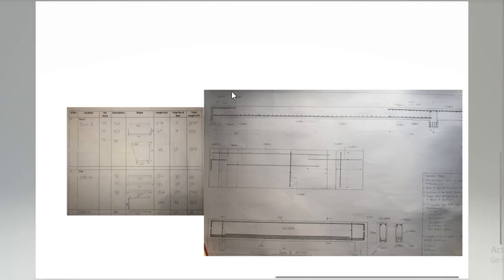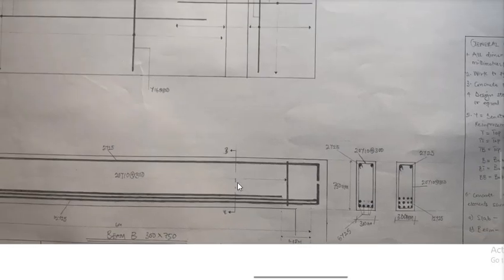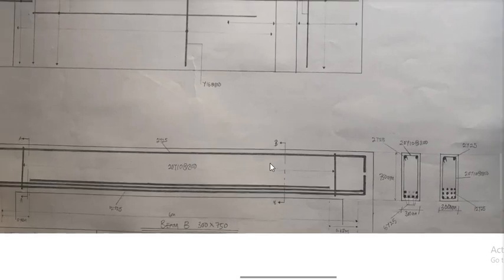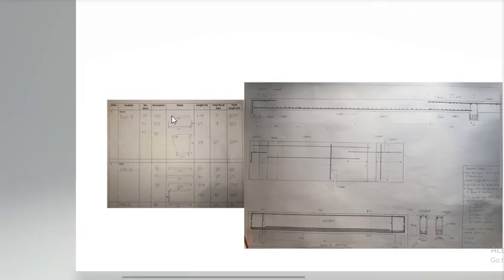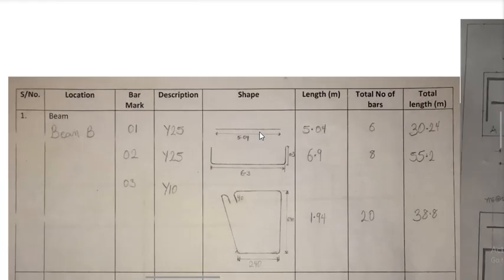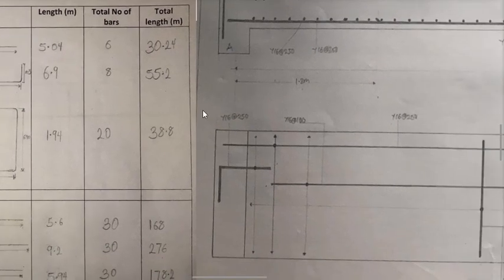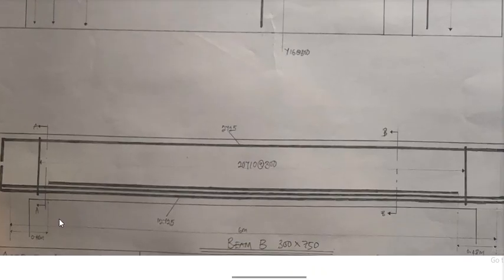So since this is our beam B, and that straight line comes from this straight bar here. That's where the straight line comes from, this straight line that you can see here. Then to get the length of the bar, we go from the curtailment that we did last time.